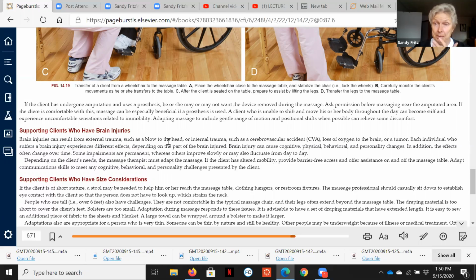And it may be that you would ask permission to contact and confer with a support person. You'd have to have a release of information if you did that. And certainly you're going to want to investigate and learn more about it and what medications people are taking to help with that.